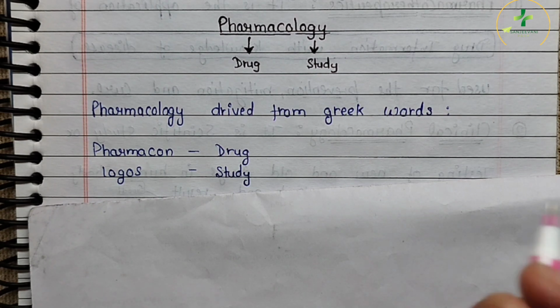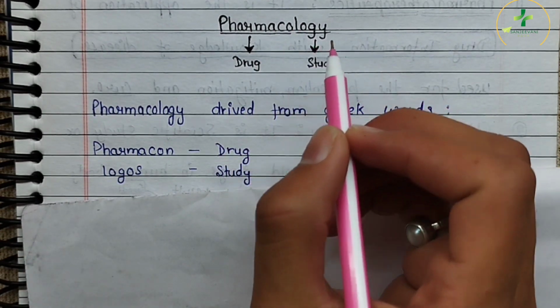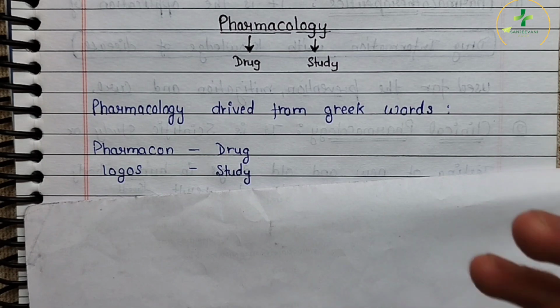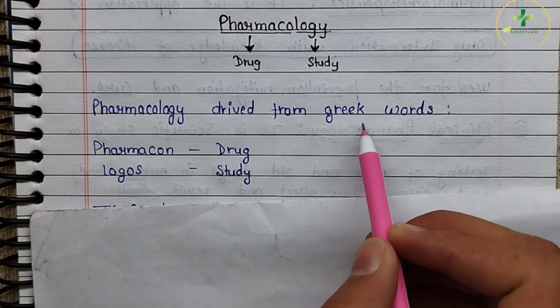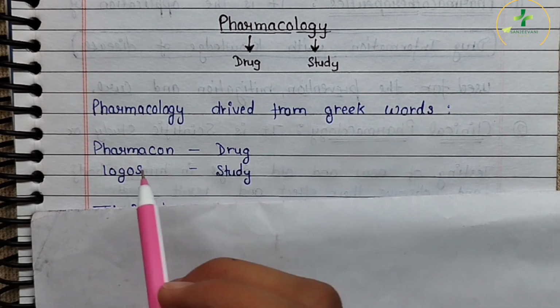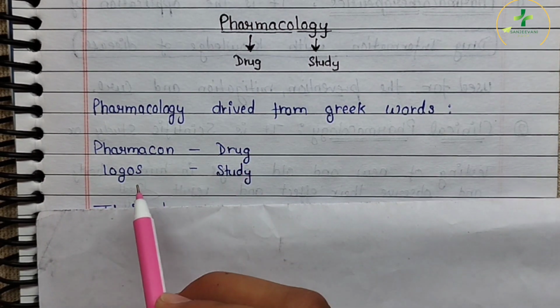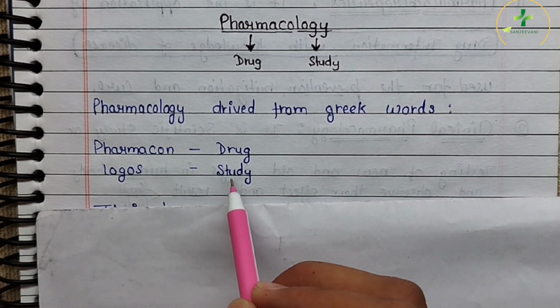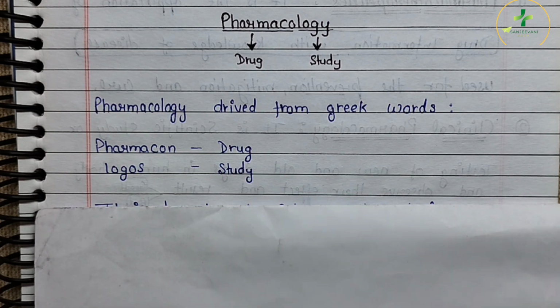So pharma means drug, logos means study, so it is the study of drug. Pharmacology is derived from the Greek words pharmakon, which means drug, and logos, which means study or science. For our convenience we use study.